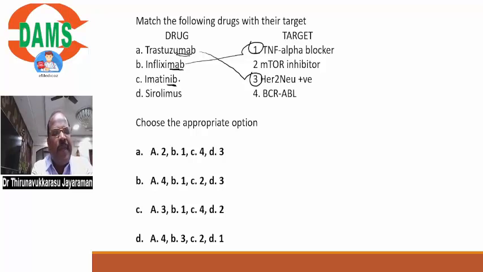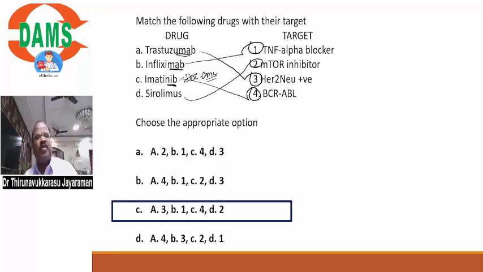In fact, imatinib is a very good drug choice for CML. In CML, there's a translocation of chromosomes 9 and 22 called the BCR-ABL gene. So the target is option number 4. Sirolimus, immunosuppression, is an mTOR inhibitor. So the answer will be option C. So it's a very basic example, matching type of question, very simple question.